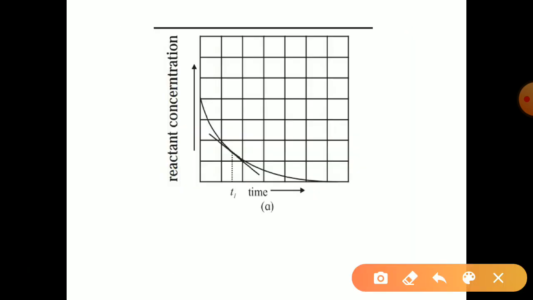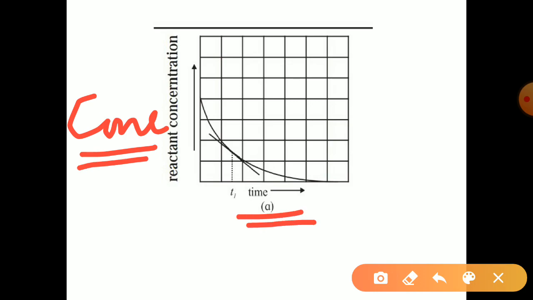Graphically, the instantaneous rate can be calculated when the concentration of the reactants is plotted against time.